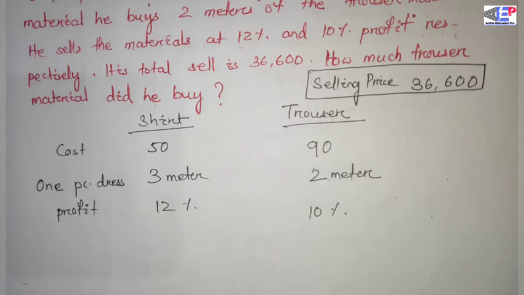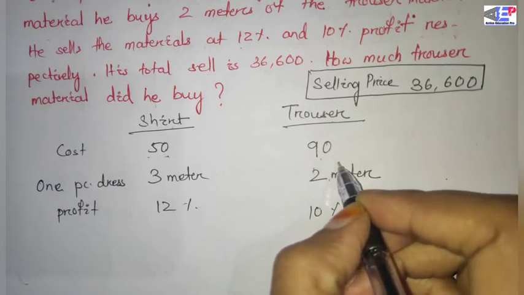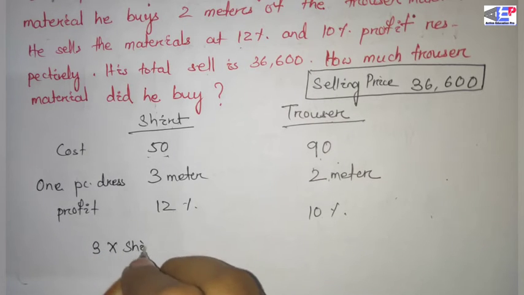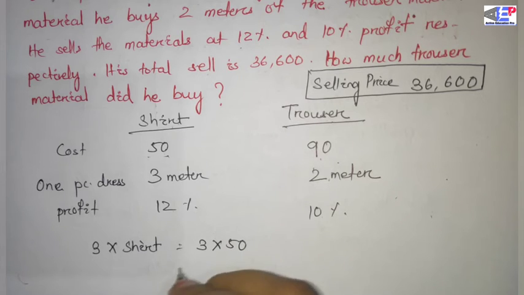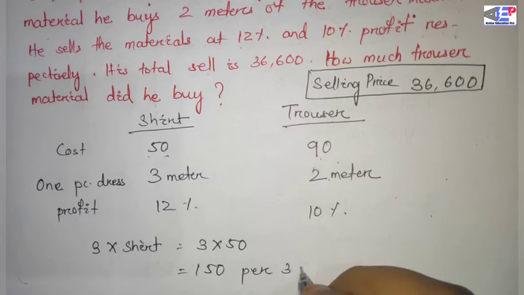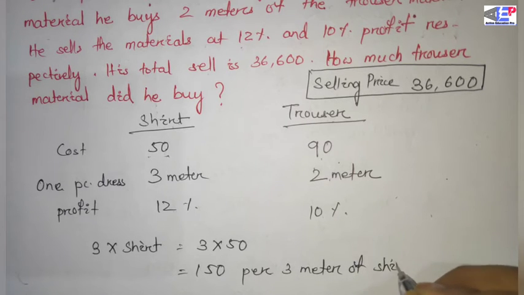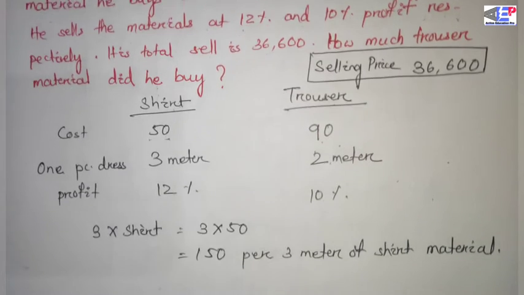So first take: 1 meter of shirt costs 50 rupees and trouser is 90 rupees. 3 meters of shirt material are needed. It will be 3 into 50, which is 150 rupees for 3 meters of shirt material.